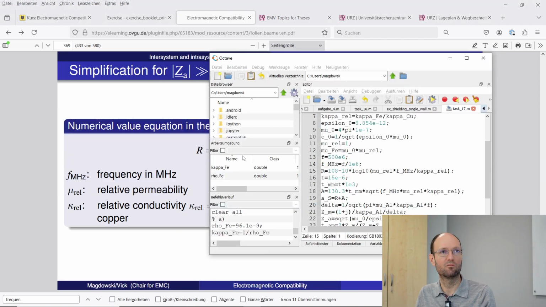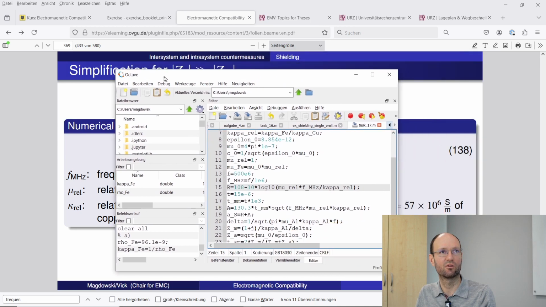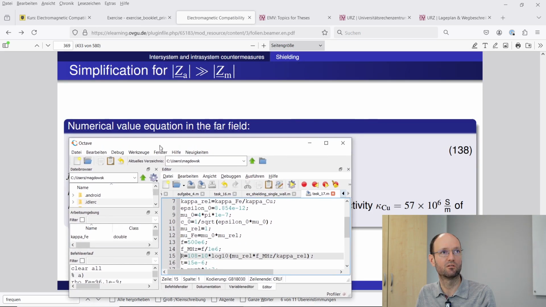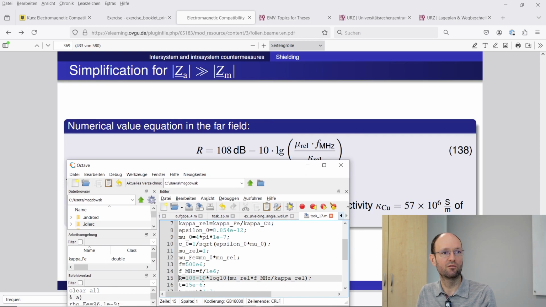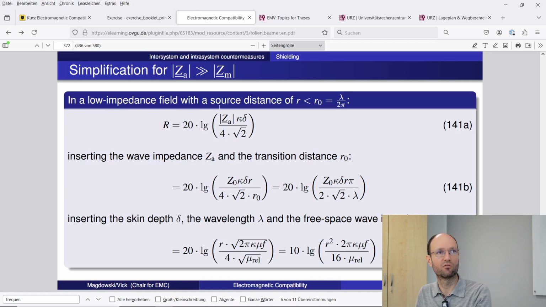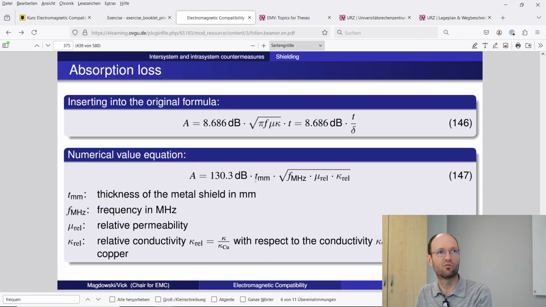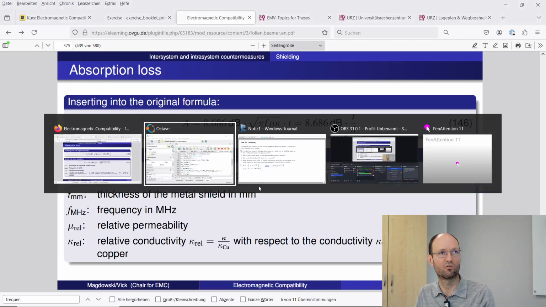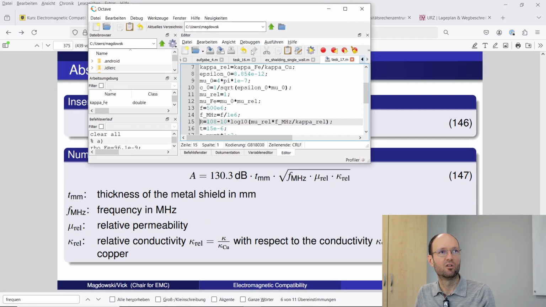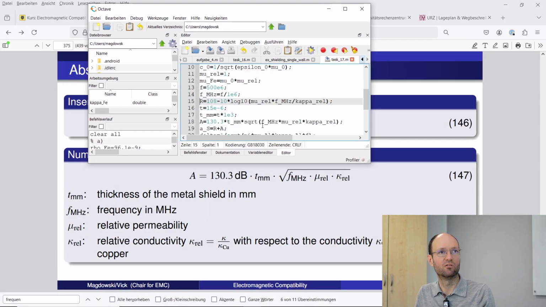So this is the same formula that we also have here at this position in Octave. And we also developed a similar formula for the attenuation loss, or for the absorption loss. And this was this formula here. So we already have the formulas. We need to have the thickness.